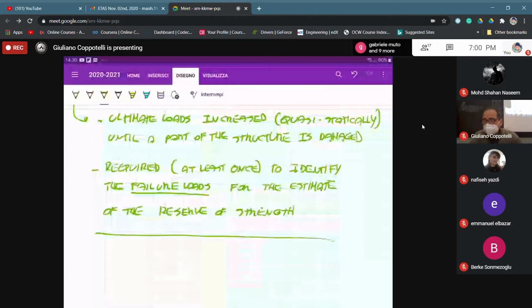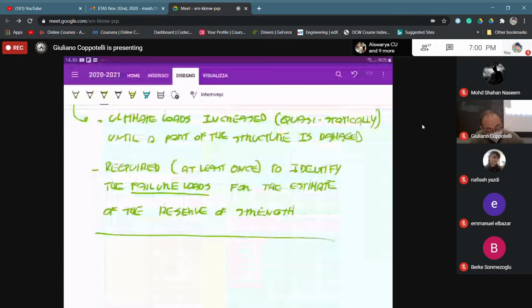Okay, so we are using mockups, we are using jigs, and these should be an actual replica of the actual structure, in order to have the right structural behavior tested during this kind of activities.